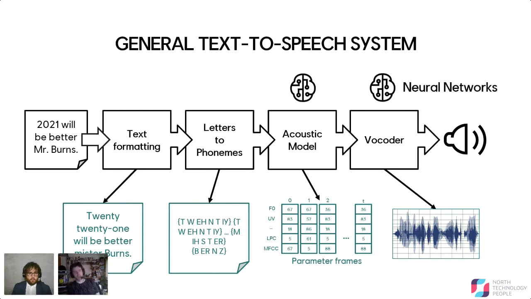The last two models, for at least 4 years, have been increasingly replaced with neural networks, big neural networks, in fact, gigantic neural networks. And each time something crazy comes up in the machine learning community, there's a new model that is proposed, both for vocoders and acoustic models.